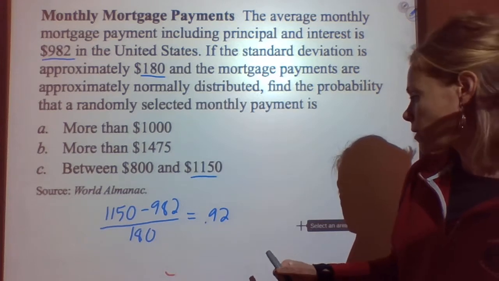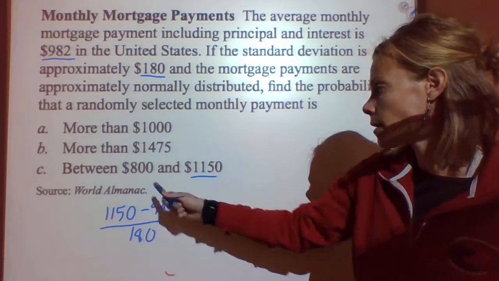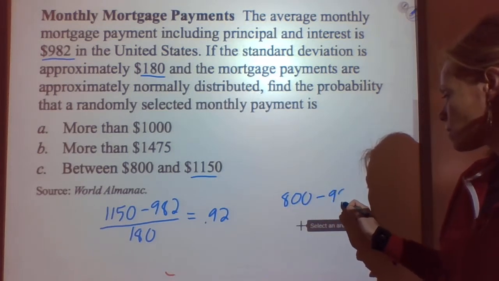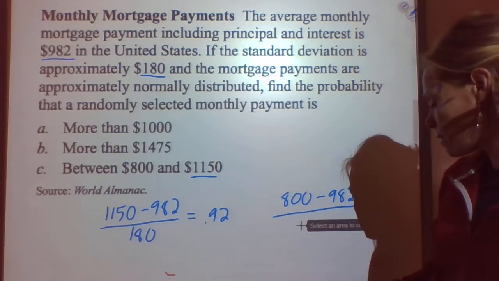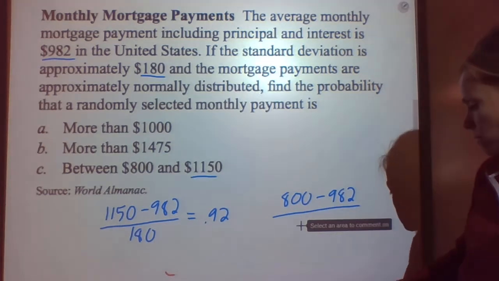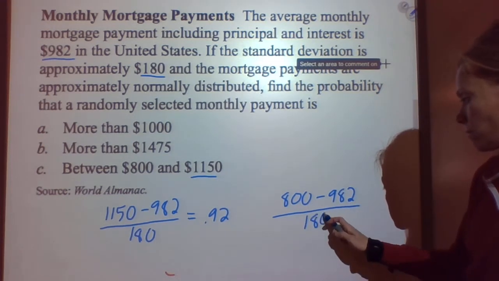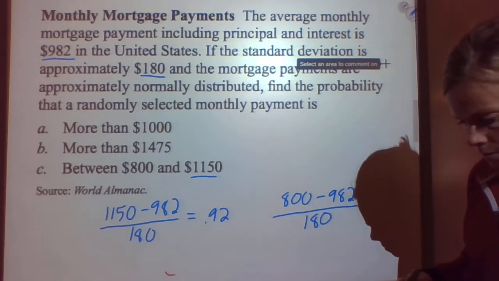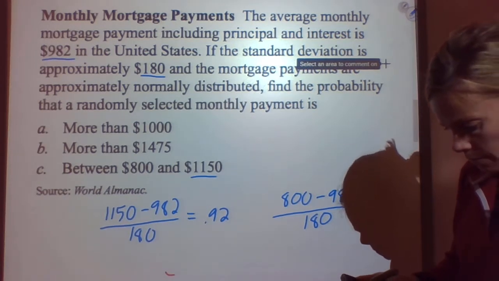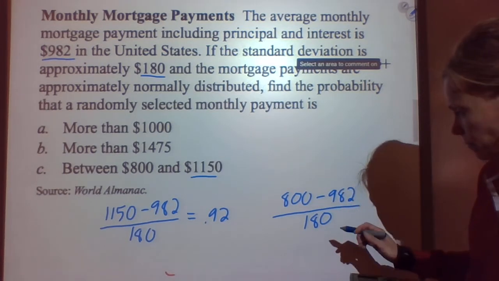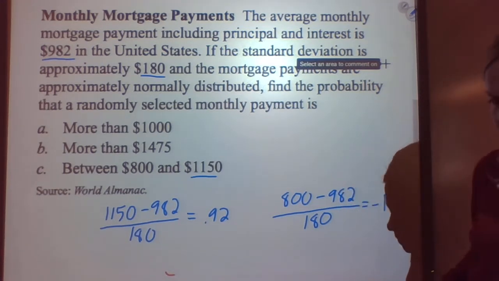Then I'm going to do the z-score for the smaller, 800. So I'm going to do 800 minus the mean divided by the standard deviation. And I get -1, okay?